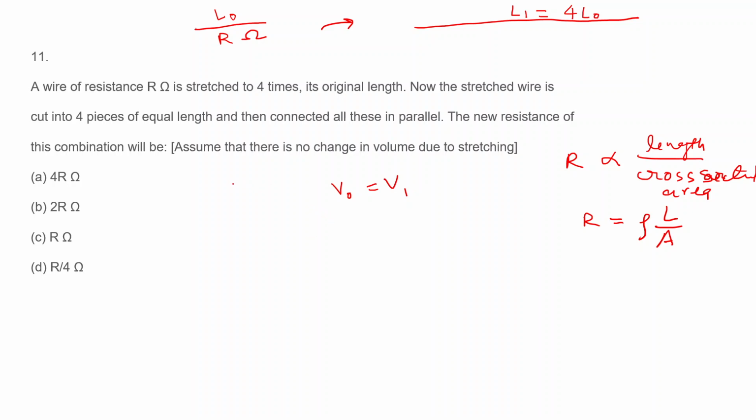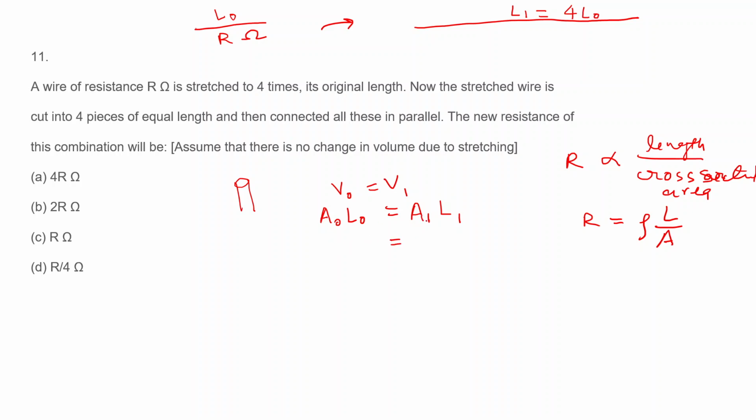Wire means cylindrical, it's like a cylinder. Volume of a cylinder is the area of cross section times the length. So area of cross section A0 into length L0 is the volume. Now we'll call the area of cross section A1 and the length L1. Volume is still the same but length has changed, that means the area of cross section will also change.